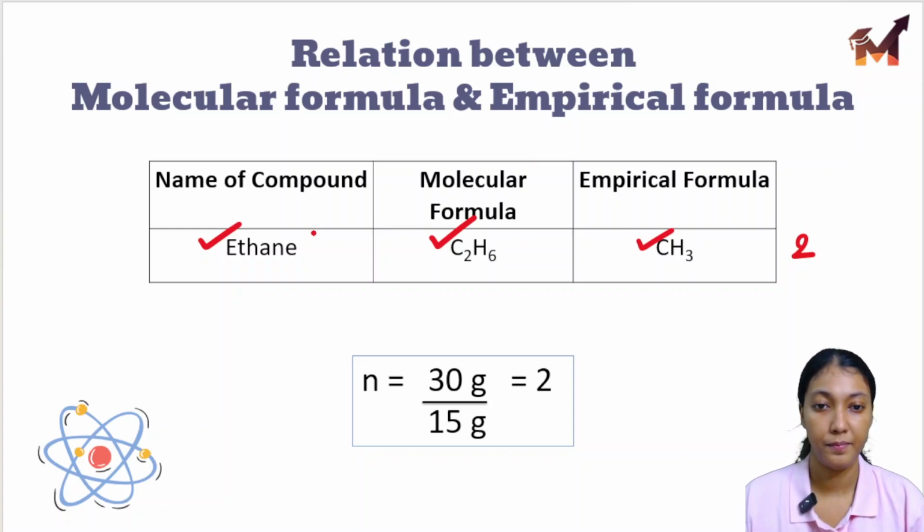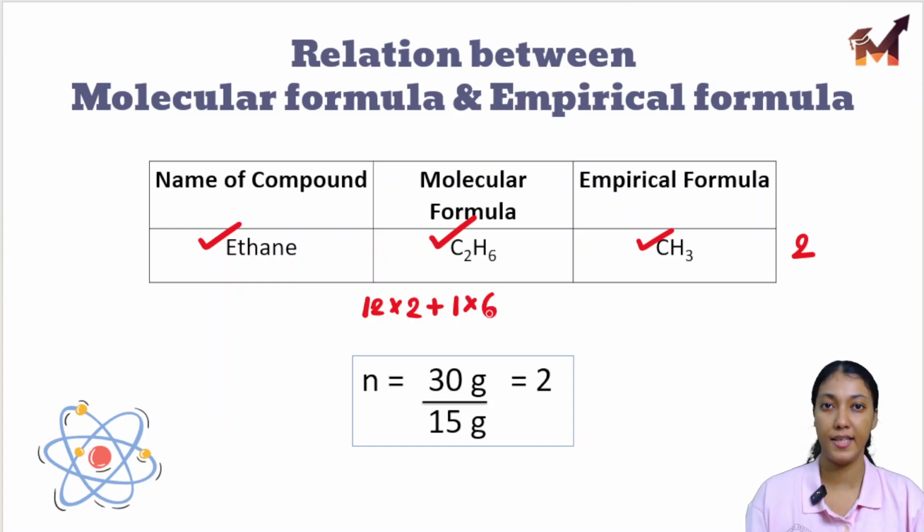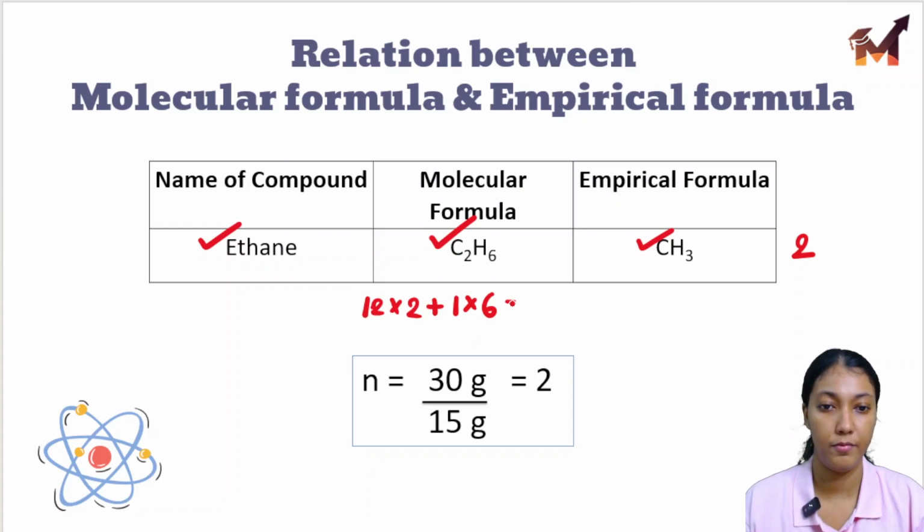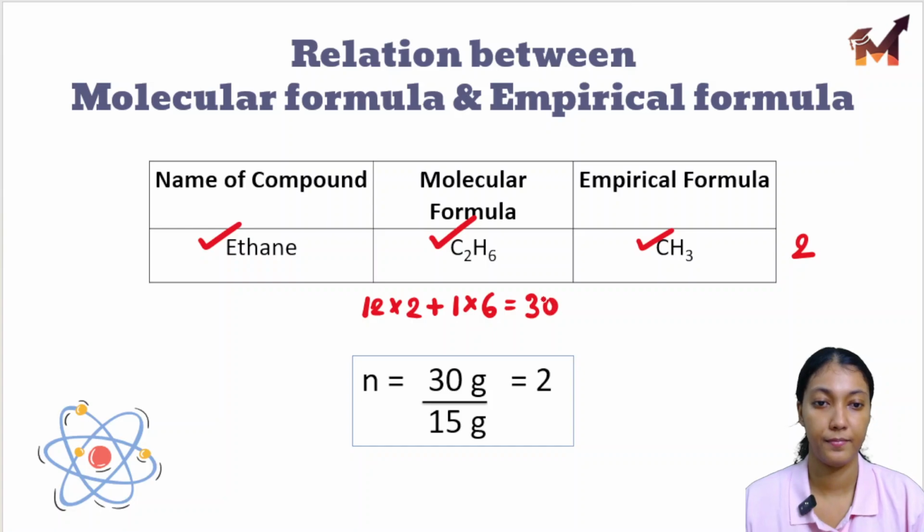So we have to find the molecular formula mass and the empirical formula mass. It is quite easy. For ethane, the molecular formula mass will be 12 into 2 because there are 2 carbons, and 1 into 6 because there are 6 hydrogens. So if you just solve this, it will be 24 plus 6, which will be 30.